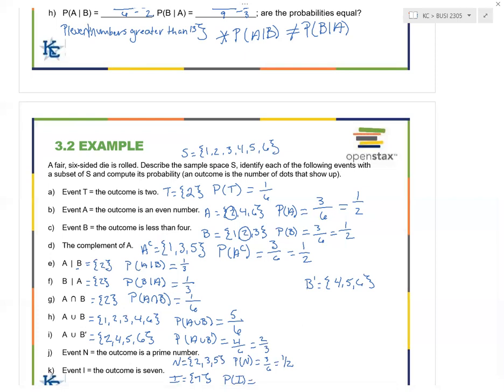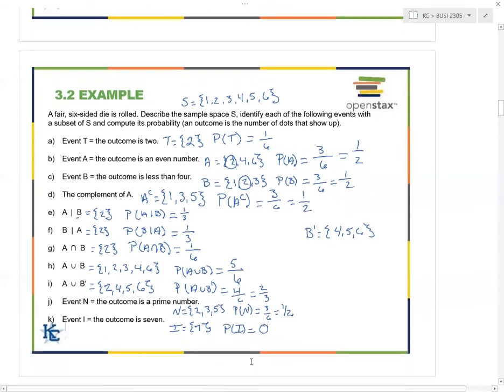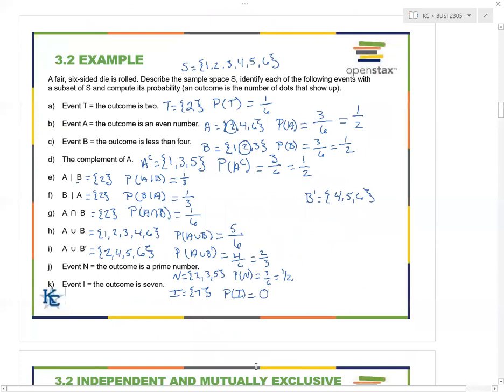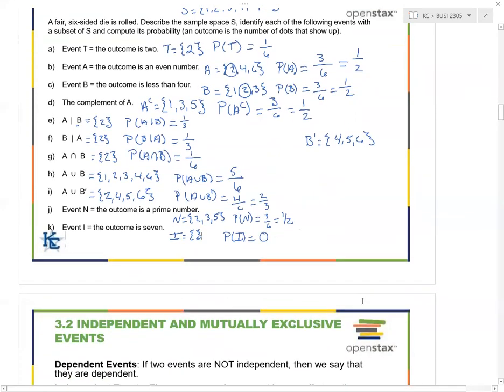So this is impossible. So it's going to be 0. We should really write this as an empty set because there is no value on a number die that is 7.